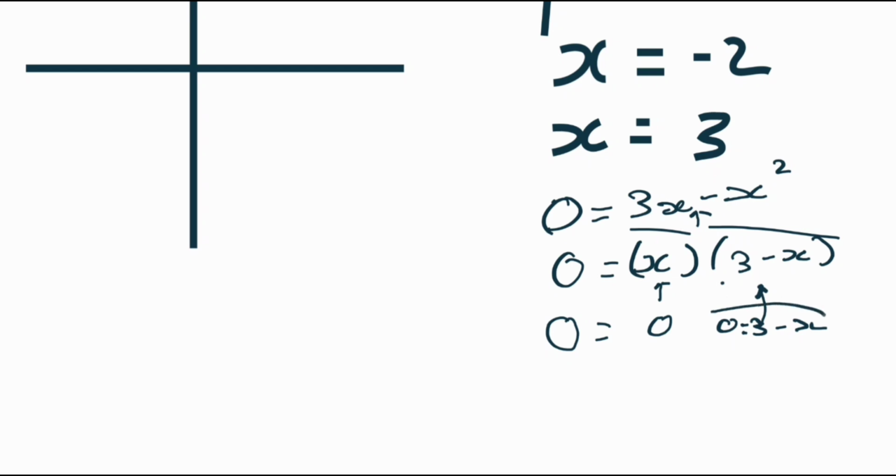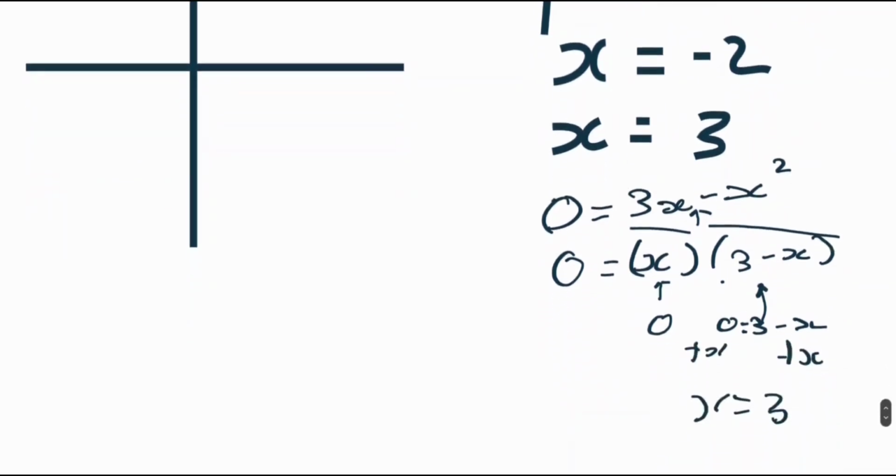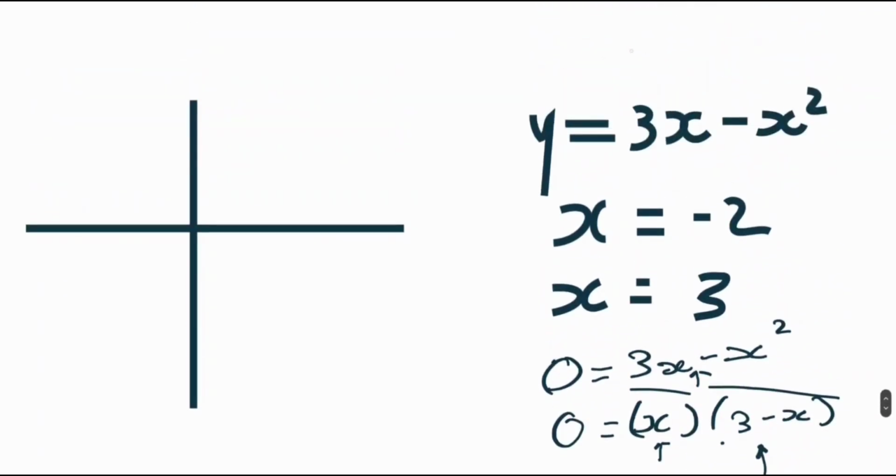This is the only thing we really want to worry about, because this will help us find the x-intercept. So if we add x to both sides, we get this. X equals 3. So great. That means that x in this equals 3. Perfect.